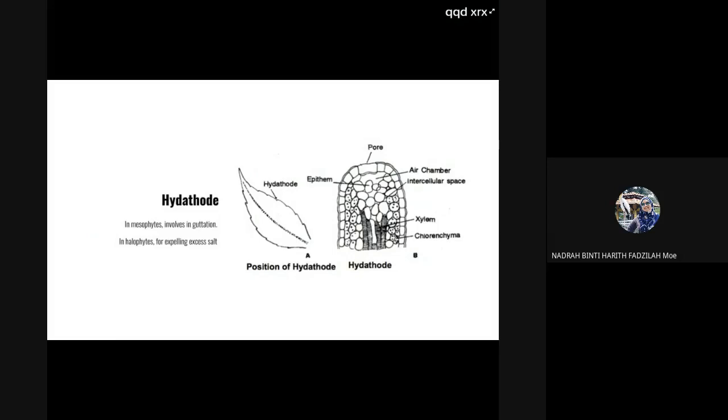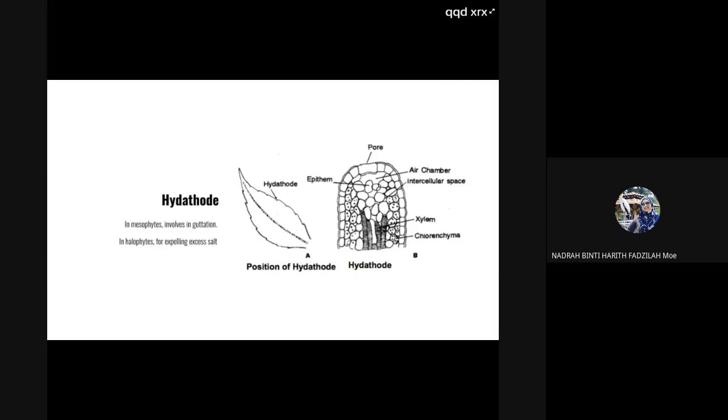So kita cerita pasal hydathode ni, sebelum ni kita cakap pasal guttation. So kita sebut when there is high humidity atau early in the morning, root pressure forces water to be expelled through hydathode. Tapi disebabkan mangrove plants, dia punya water tu high salt concentration, so they have to expel the excess salt using the same method through hydathode.